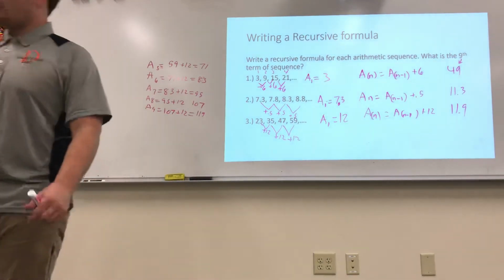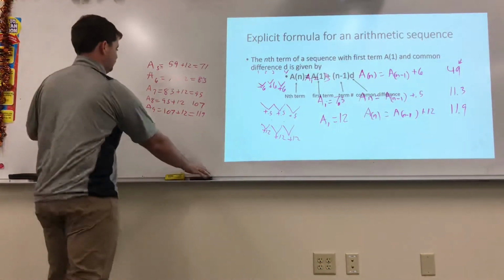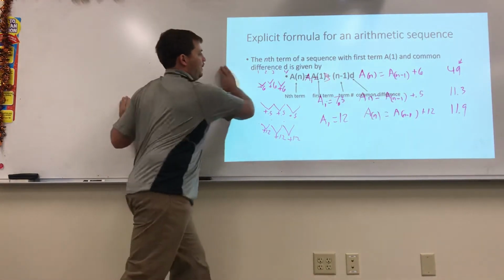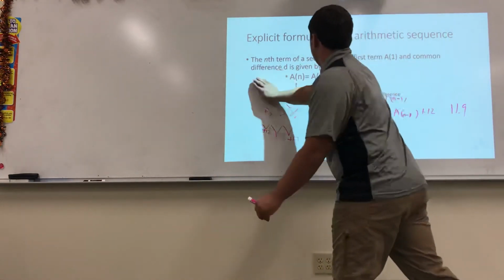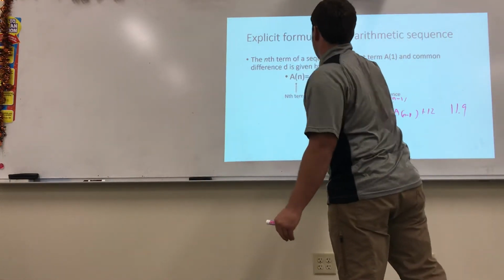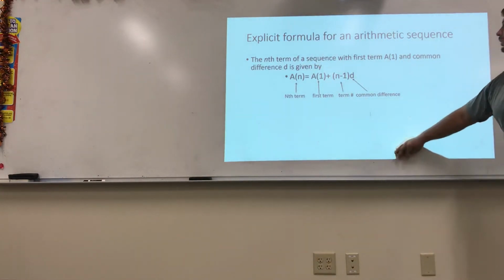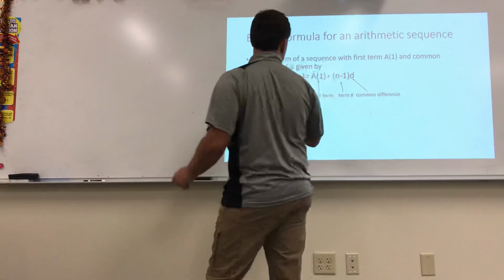Okay, that is how you do arithmetic. Explicit formula. Explicit is a little easier yet. Explicit is you're going to be finding an nth term, then you are going to set that equal.